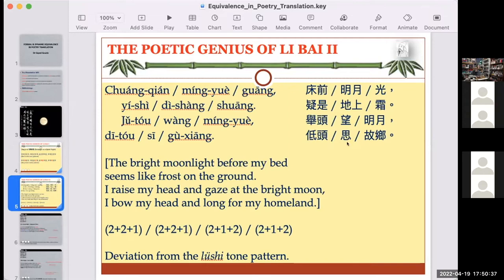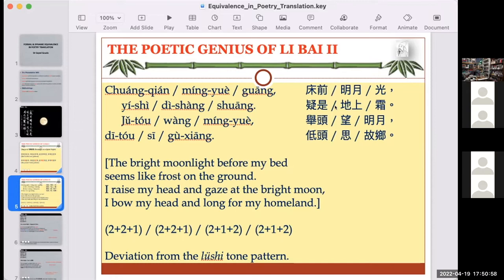Why is there tension? Because he is longing to go back to his family and to his hometown, and his feelings are in turmoil. He's not in his natural state. In the first and the second line, he was in his natural state.